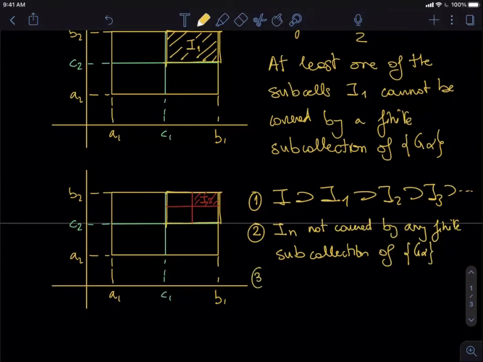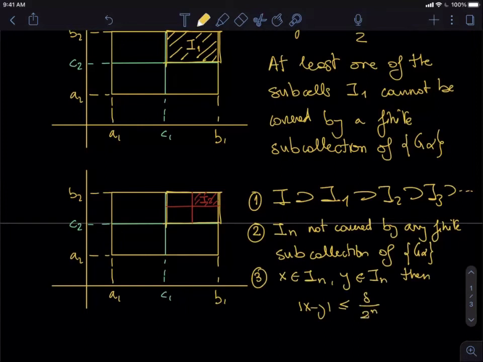And the third property is that if I have 2 points X and Y in IN, then the distance between X and Y is less than or equal to delta divided by 2 to the n.